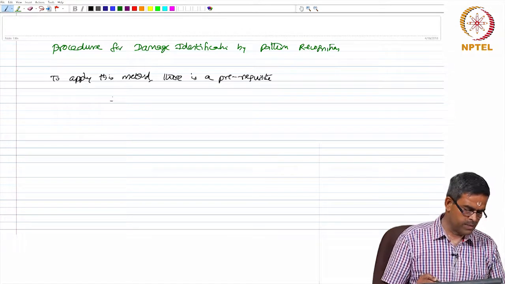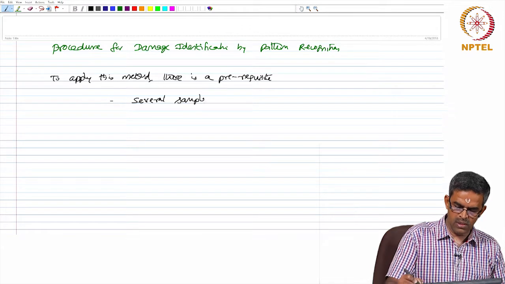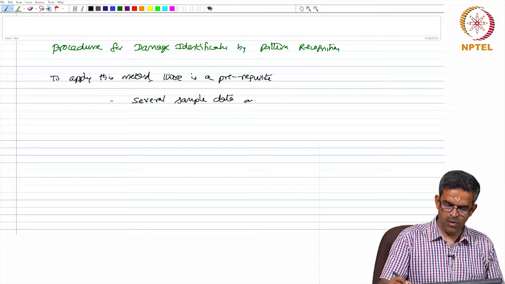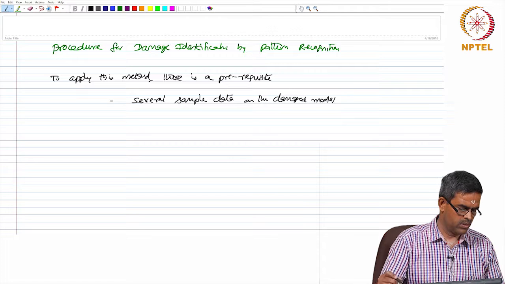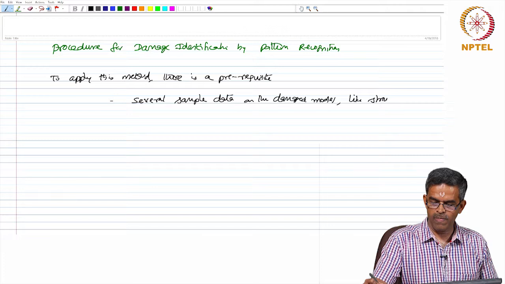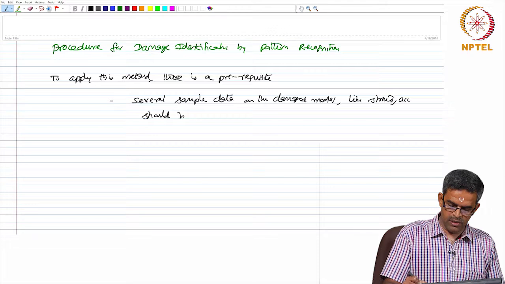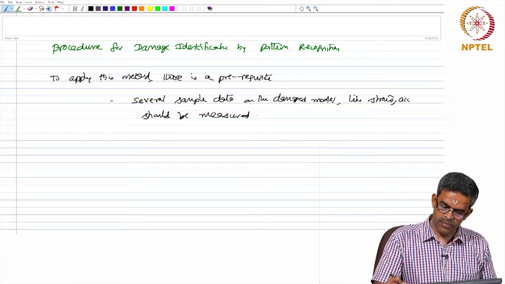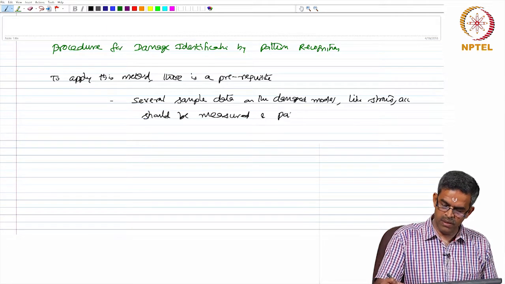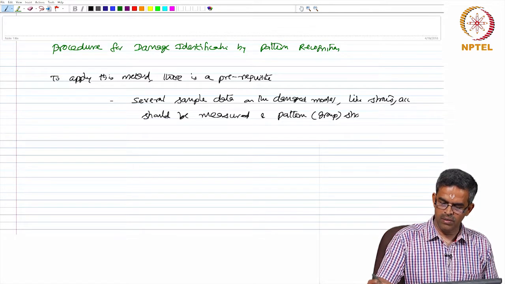The prerequisite is several sample data on the damaged model, like strain, acceleration, should be measured, and pattern, or let us say group, should be formed.